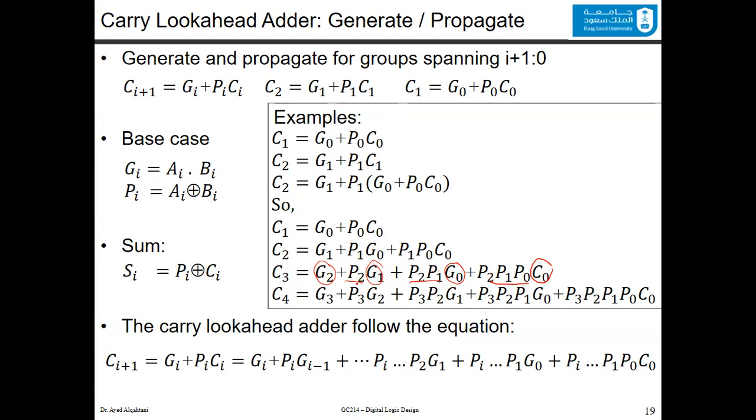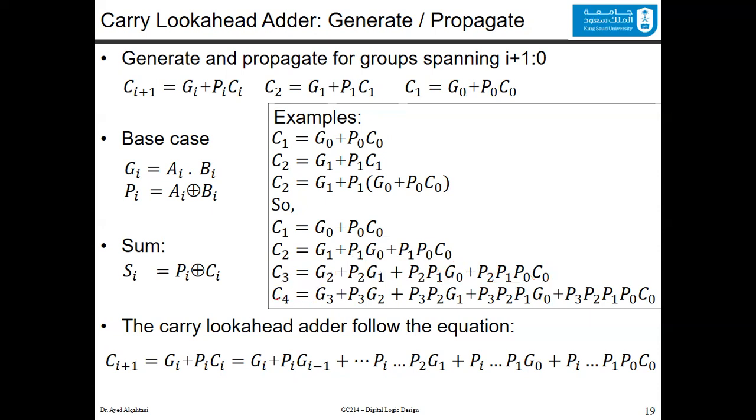Either propagated from this stage, the previous one, or propagated from the stage that was 1 bit apart from it, so it needs 2 propagations, or from the beginning, so it needs 3 propagations. You can see that we are going through this P2 going down. P2 and then P1. P2 and then P1, P0, and so on.